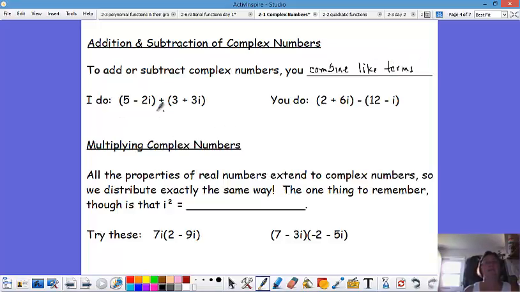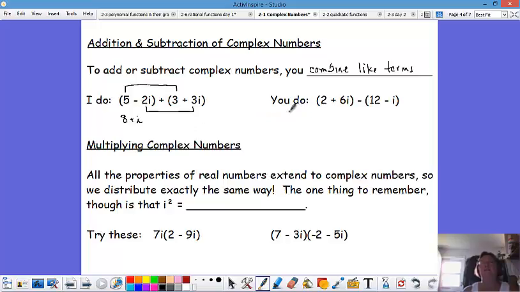So as I'm looking at this addition, I think to myself, okay, there's a 5 with no i, and to be like it, you also have to have no i, so that 3 goes with it. 5 plus 3 is 8. This term and this both have an i, so I should be able to combine them. -2i plus 3i is 1i, or just plain old i. So there you go. When you add or subtract, you're combining like terms.